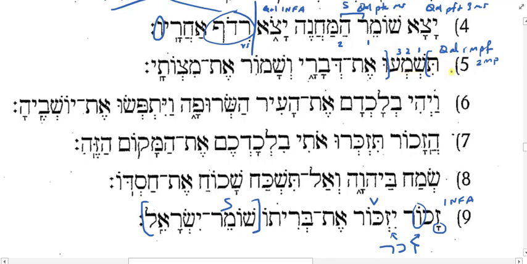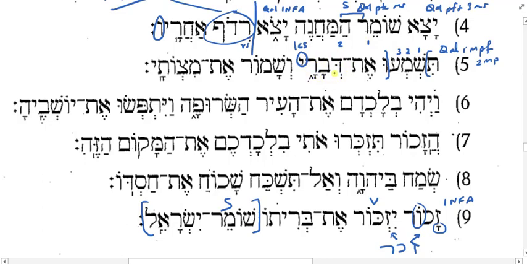So you plural will shema. You will what? You will hear or listen to et devarai. Now, the yod at the end tells me it's whose word? It's my. That's the 1CS pronoun. One more question.